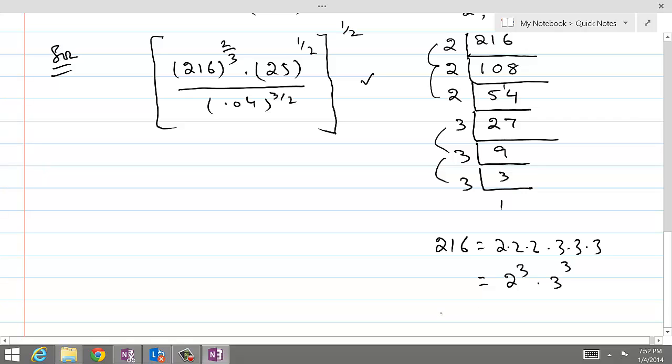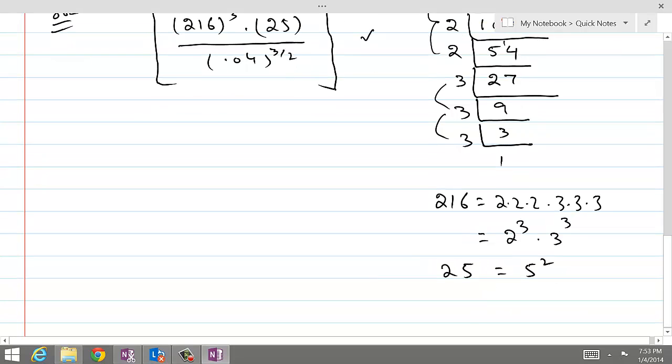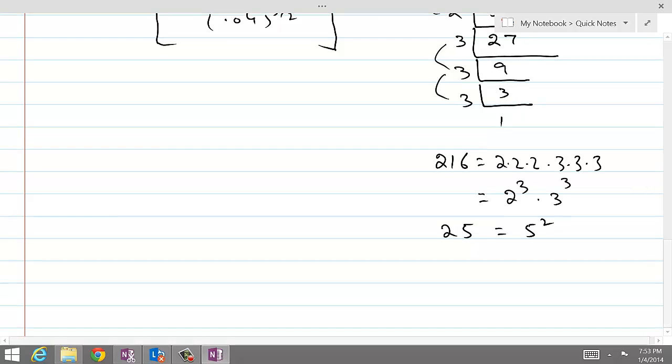Similarly, we can write 25 equal to 5 power 2, and we can write 0.04, which is in fact 4 over 100.